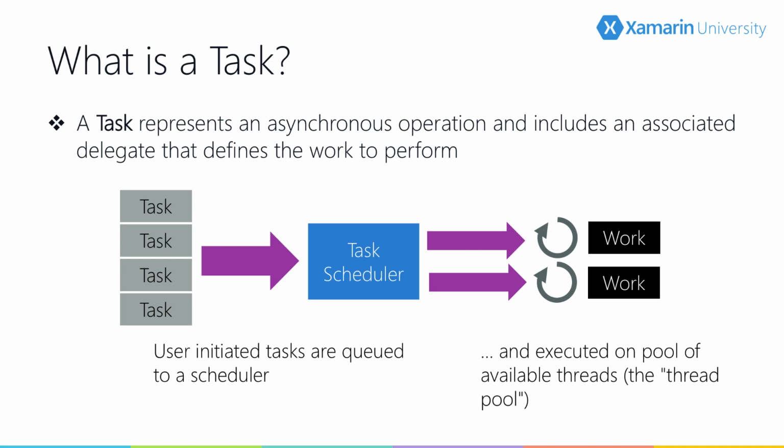It looks at the available hardware resources, and it will only create new threads when absolutely necessary. Whenever possible, it will reuse a thread that is currently available from the so-called thread pool. By the way, if you're interested, you can also create your own task scheduler. So all of these components here are customizable and pluggable.